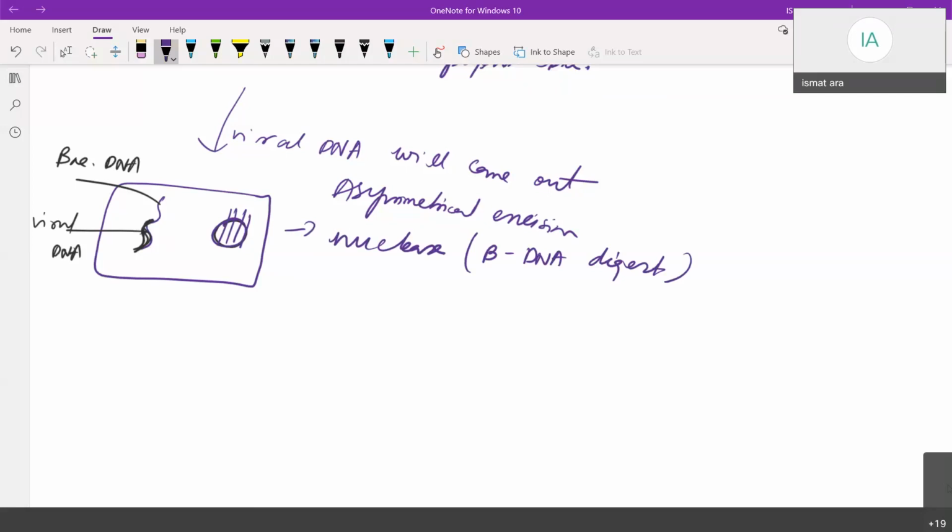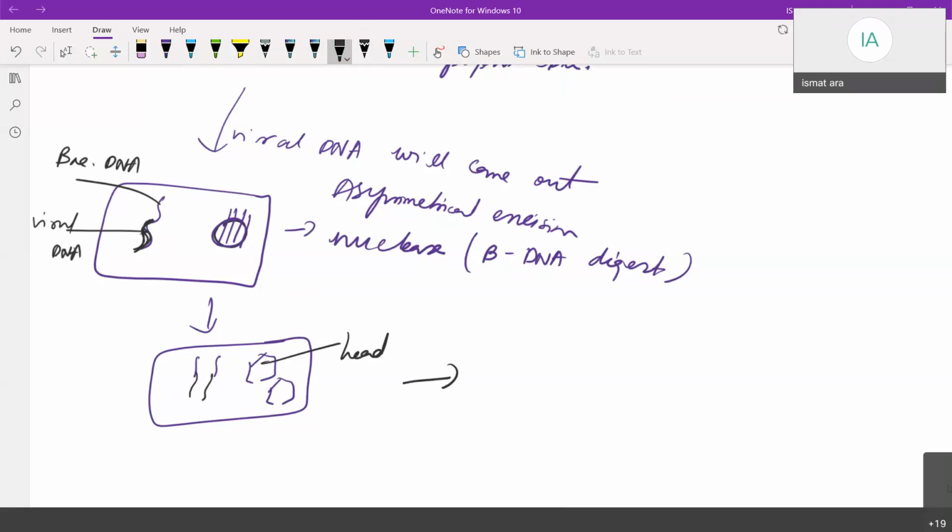So they will make different parts. They will make the head of the phage, and this is bacterial DNA, and this is viral DNA. This is the head. They assemble their body parts, meaning the head and nucleic acid parts are assembled.